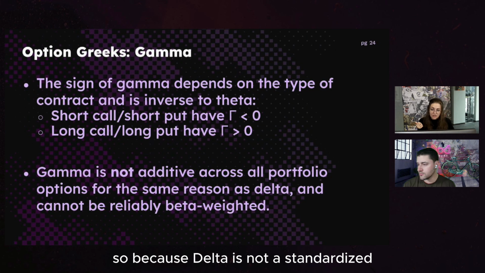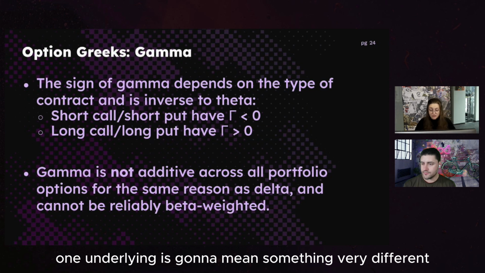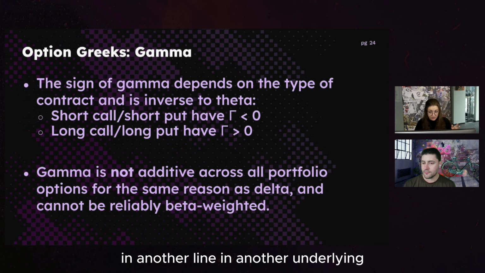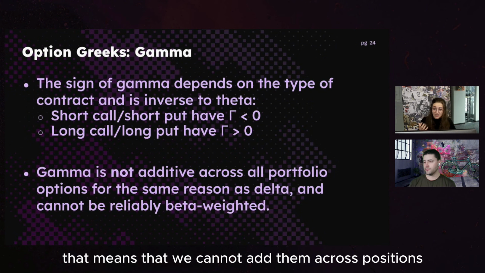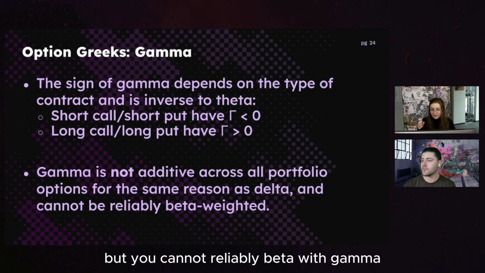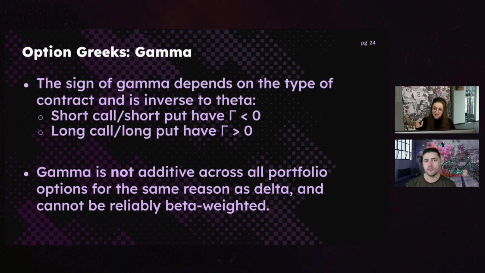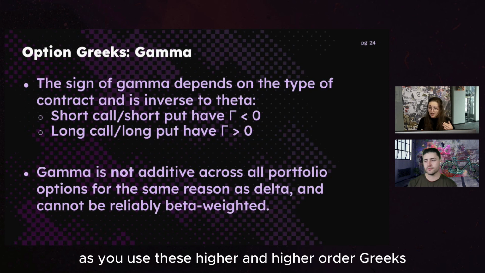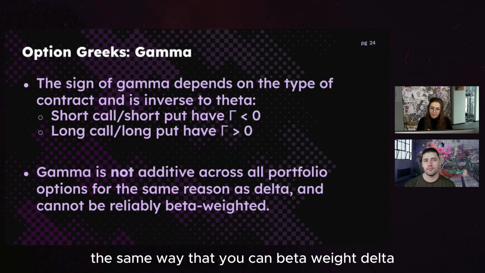Delta is not standardized across underlyings, because a $1 change in one underlying is going to mean something very different to the options compared to a $1 change in another underlying. Because gamma is based on delta, we cannot add them across positions because our units don't line up across underlyings. You also cannot reliably beta weight gamma, because the errors become too big. They compound as you use these higher and higher order Greeks. So you cannot beta weight gamma the same way that you can beta weight delta, unfortunately.